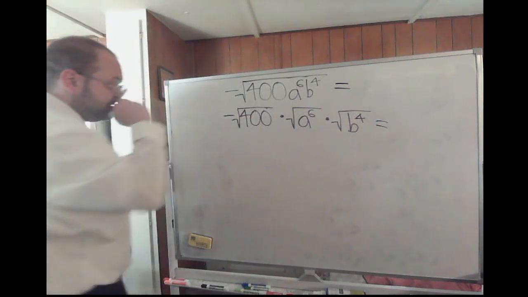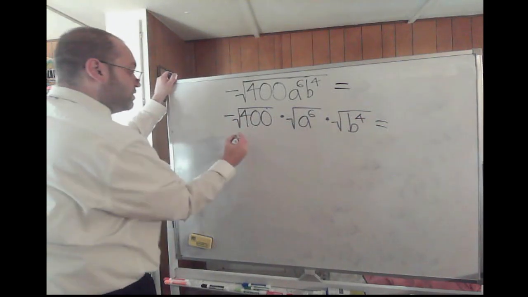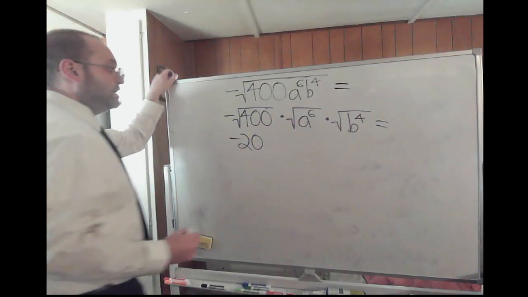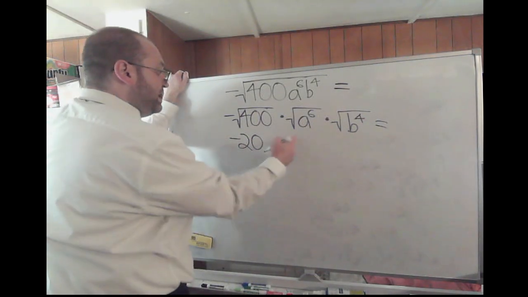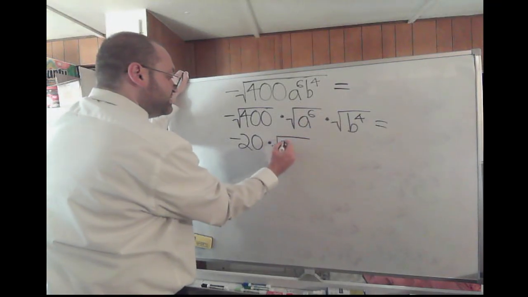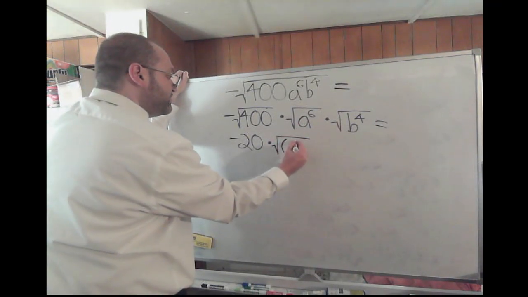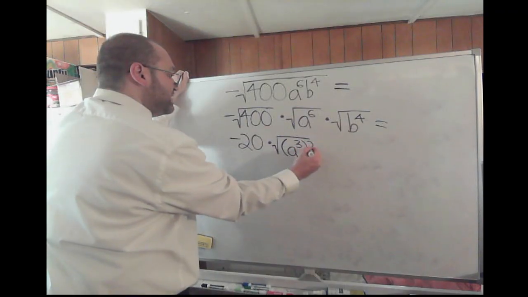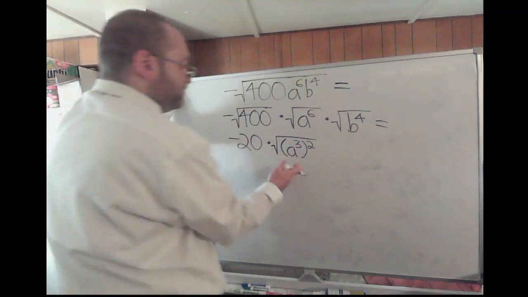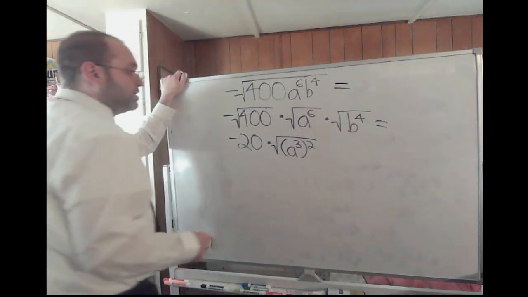Let's start here. Negative of the square root of 400, that's going to be negative 20. And then you have the square root of a to the sixth. Isn't it true that a to the sixth is simply a to the third raised to the second power?